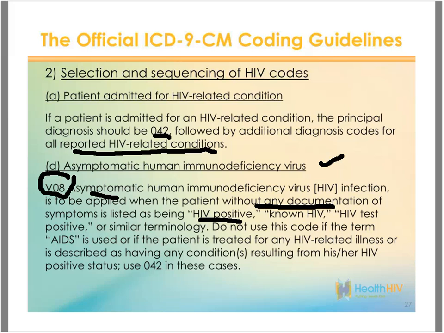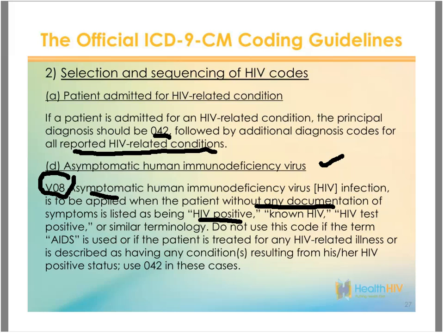If the patient comes in and they're being treated for the HIV infection, and they just so happen to have other medical problems that the doctor will address, the principal diagnosis is going to be the AIDS.